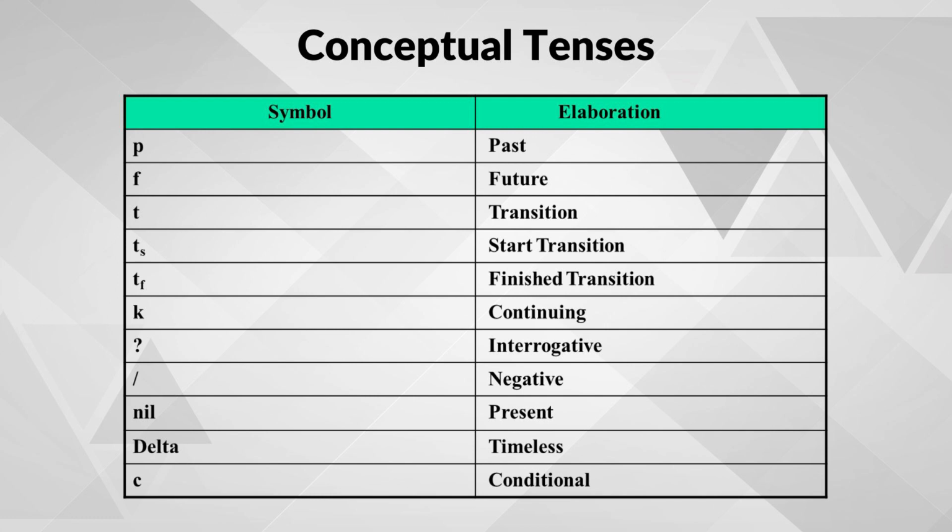Delta for timeless represents a state or event that is considered timeless and not tied to a specific point in time. C for conditional represents a situation or action that is dependent on a specific condition.